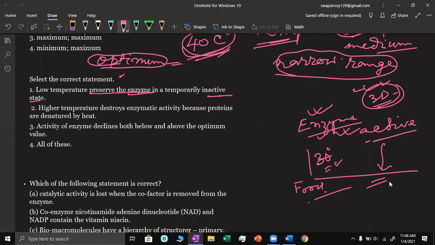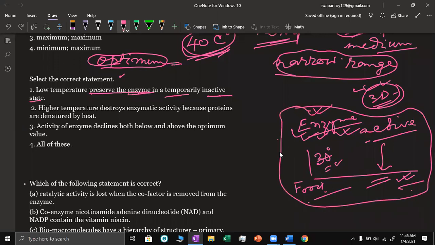But when kept in the freezer or inside ice, the enzymes within the body of those plant parts or animal parts become inactive, so the chemical reactions do not take place, and those foodstuffs do not get spoiled.